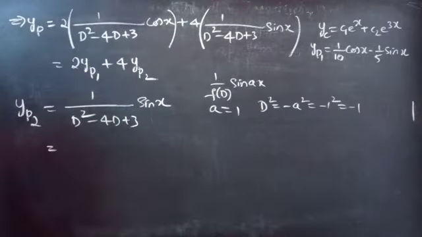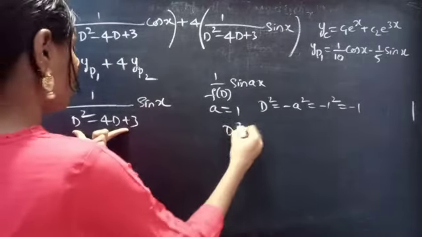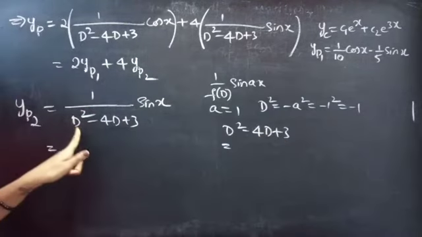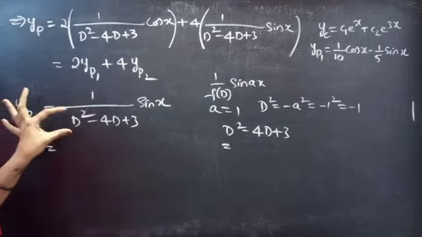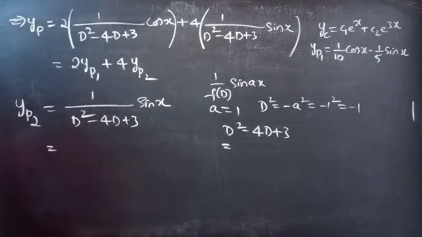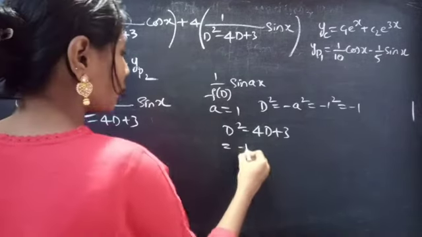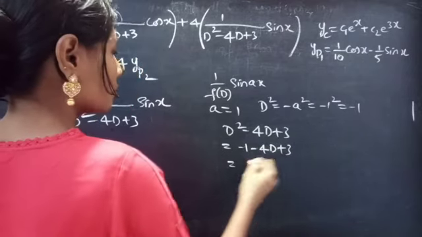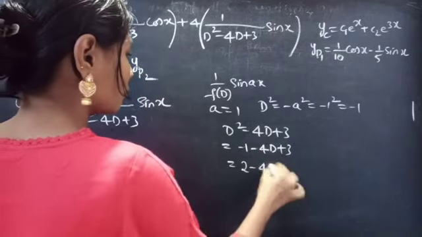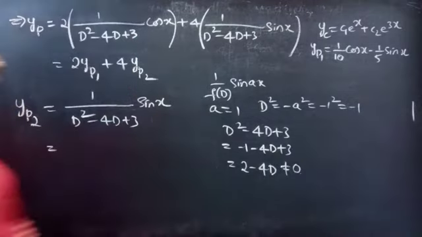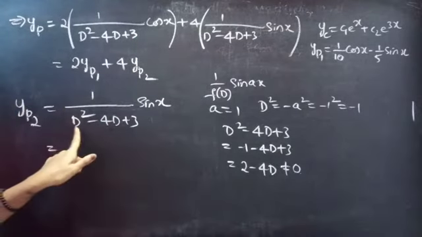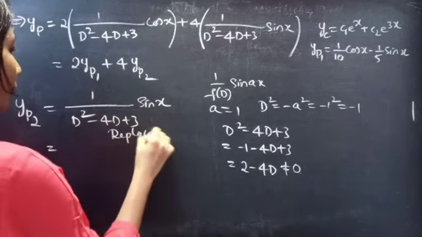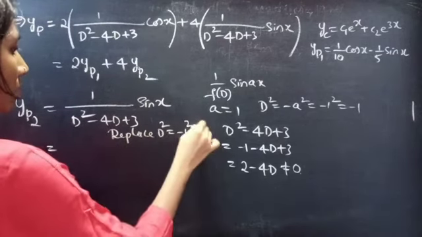Now, take the denominator part and see what happens if we replace d square by minus 1. Always remember that the denominator must be non-zero, right? We'll get minus 1 minus 4d plus 3, which is equals to minus 1 plus 3 is 2, minus 4d, which is non-zero. So the denominator is non-zero by replacing d square by minus 1. So let's replace d square by minus 1 square, which is minus 1.